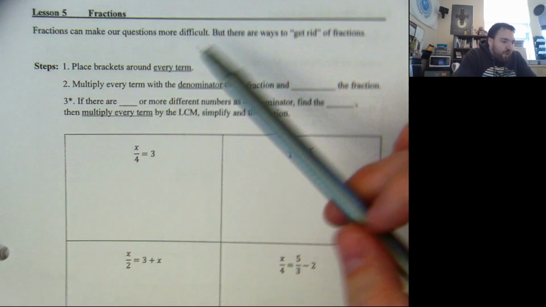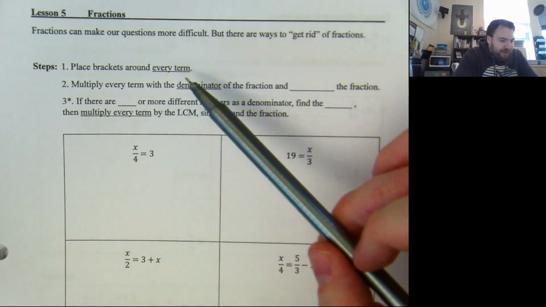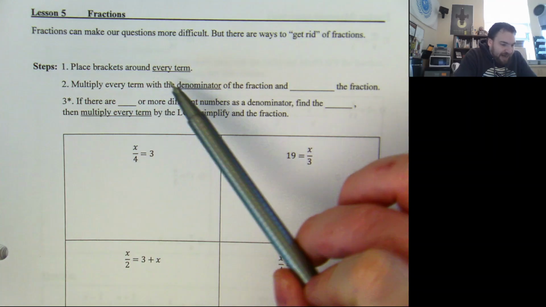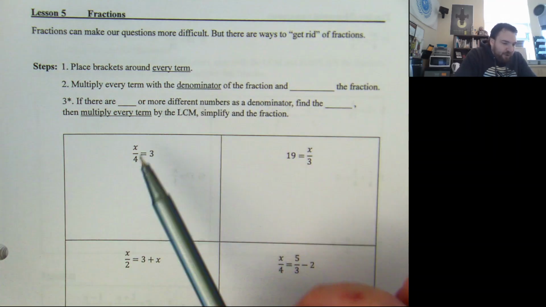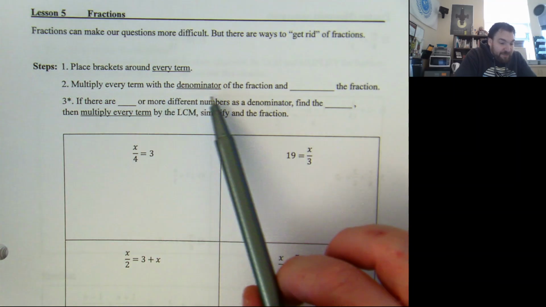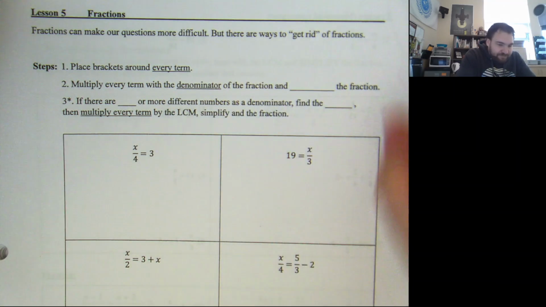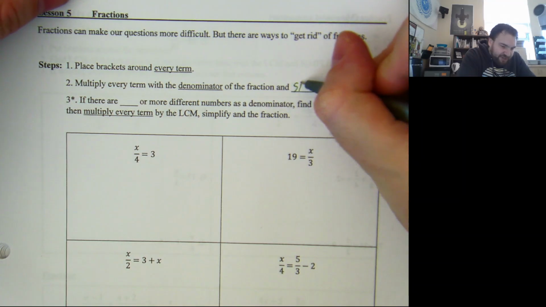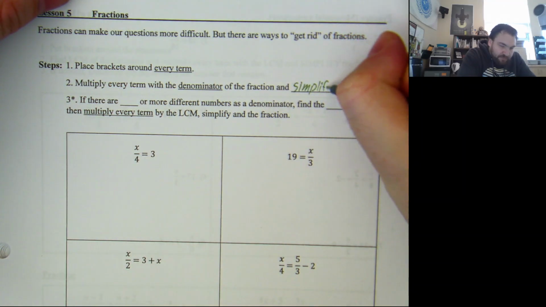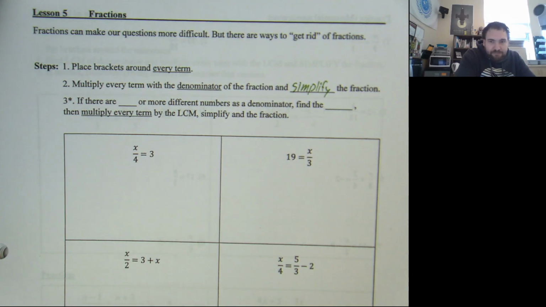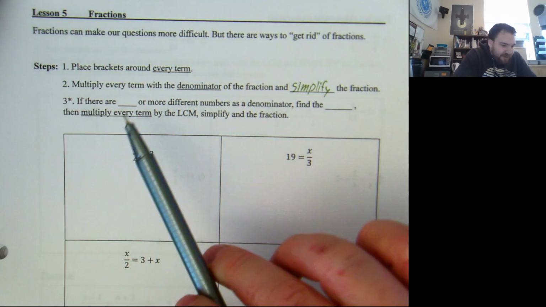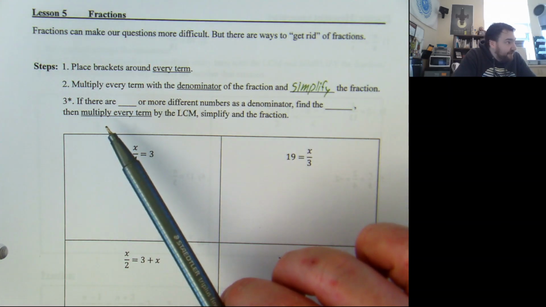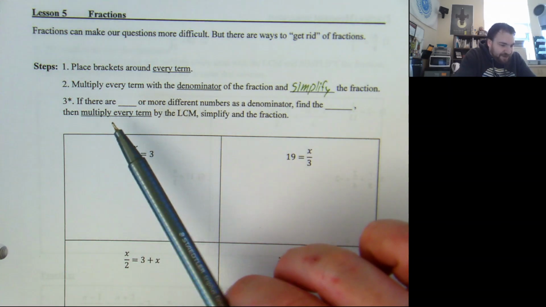So when we've got these fractions we want to get rid of, we want to place brackets around every term. We want to multiply every term with the denominator of the fraction, and then simplify that fraction. Sometimes there will be multiple different denominators.